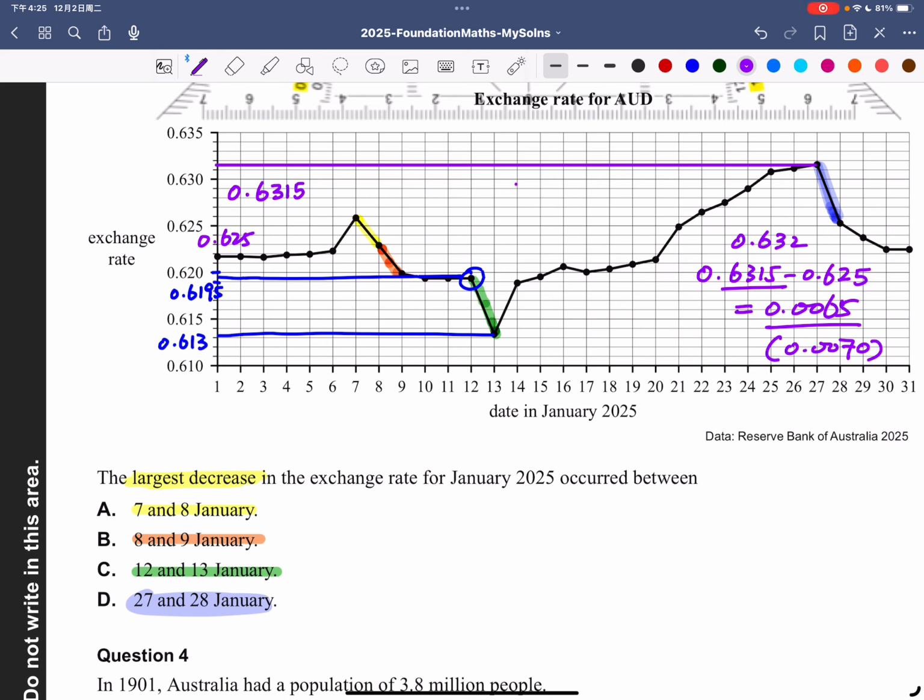Whereas if you look at the other one, I know this number should be slightly higher. Let me just draw the line again. Yep. So this value should actually be higher than 0.613. I would say 0.6135, something along these lines. So I'll calculate the change.